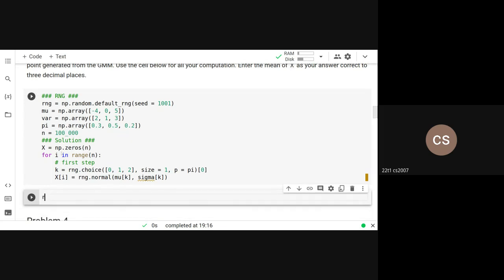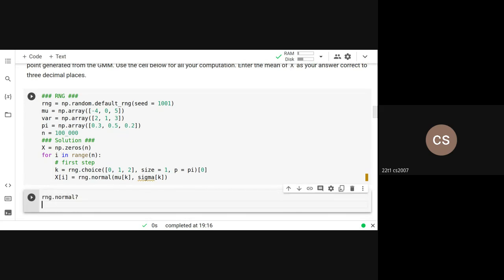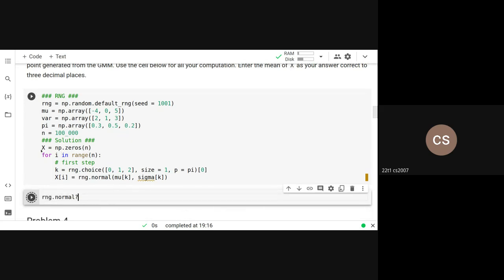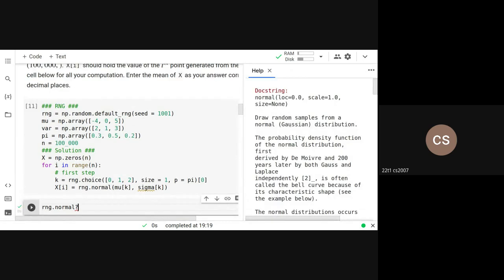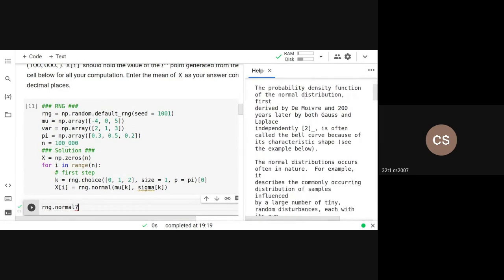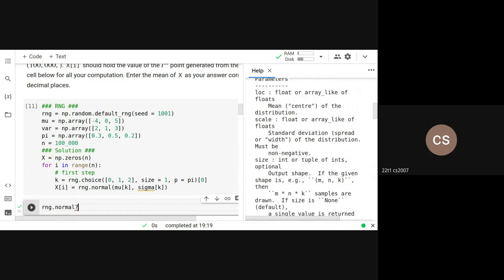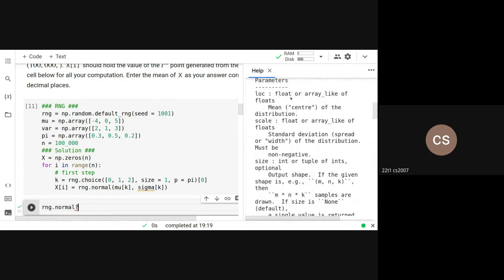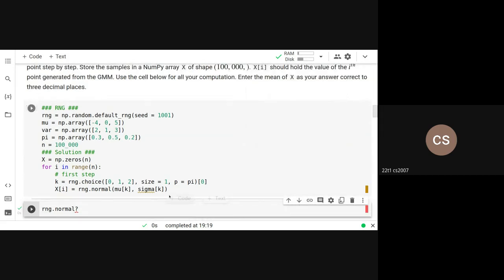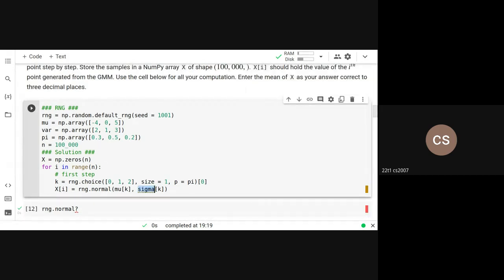One thing I need to verify is whether we pass the variation or the variance. Location is the mean, scale is the standard deviation, right? So we have to pass the standard deviation, which is the square root of variance. So we should use np.sqrt of variance of k, and that will be the standard deviation.